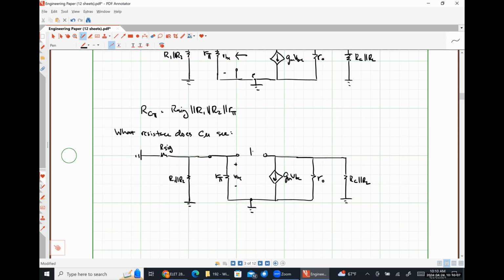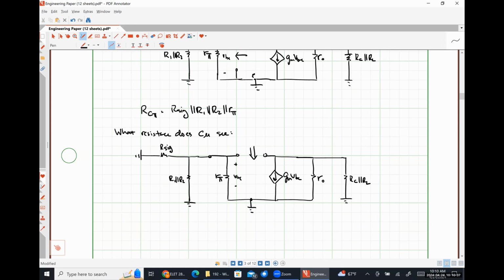And then we're looking in through this set of terminals where C mu used to be. So I would argue that it's going to see the resistance to the left in series with the resistance to the right. Everybody okay with that? So what's the resistance to the left? RC pi. What's the resistance to the right?